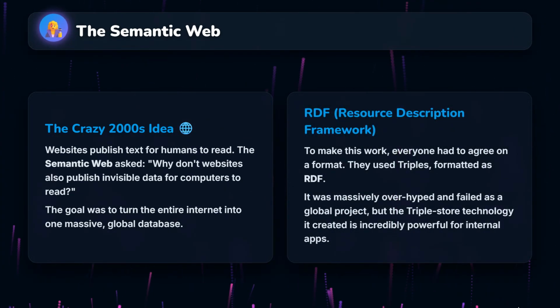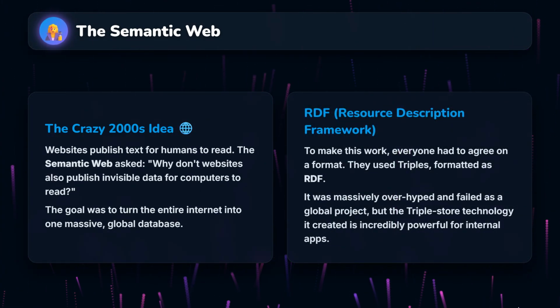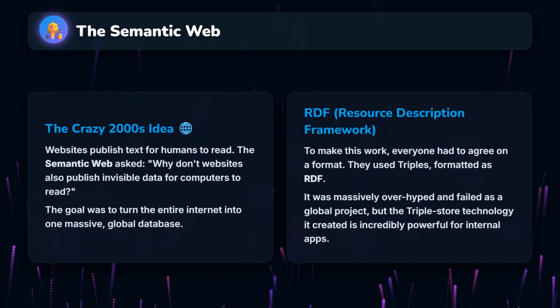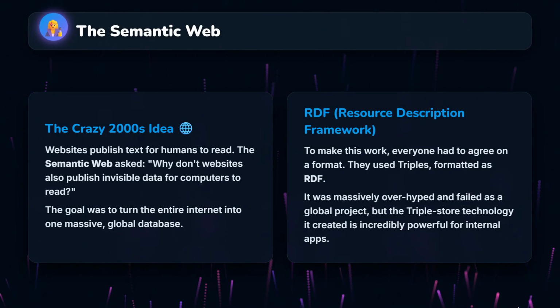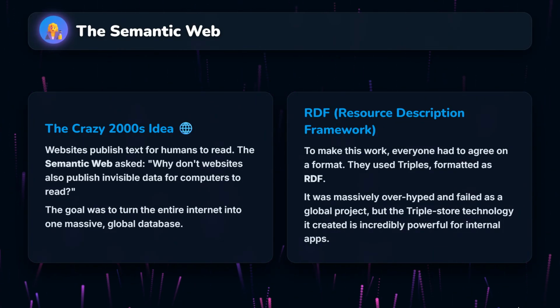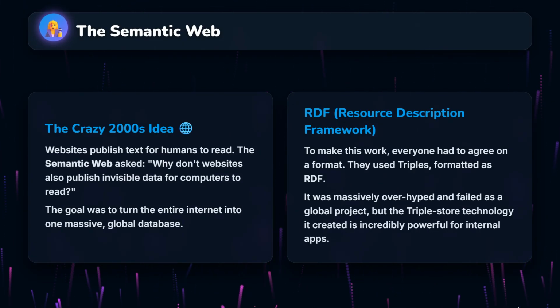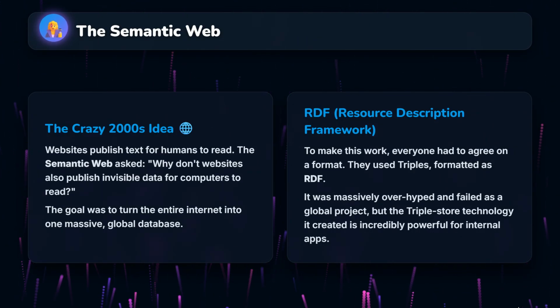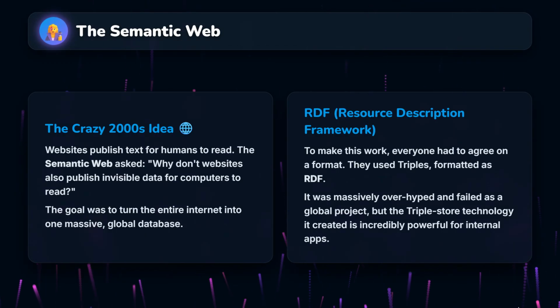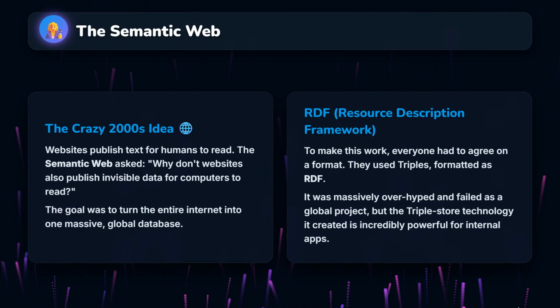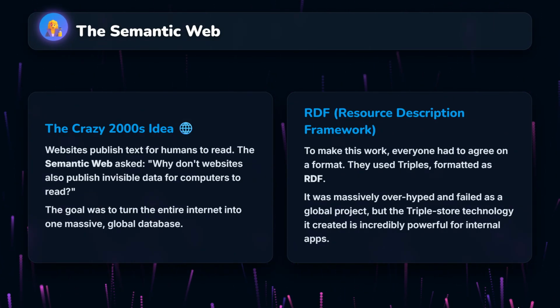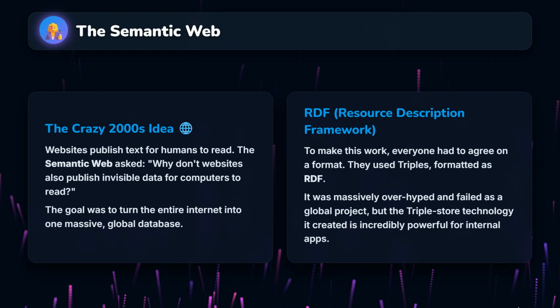To make a global internet database work, everyone on Earth had to agree on a single format. They chose the triple store format and called it RDF, which stands for Resource Description Framework. Ultimately, the Semantic Web was massively overhyped, and the global internet project failed.